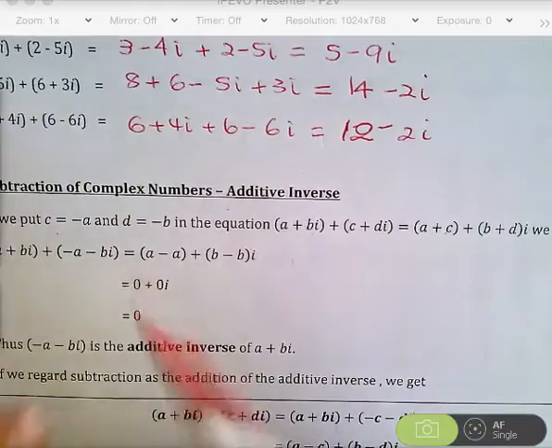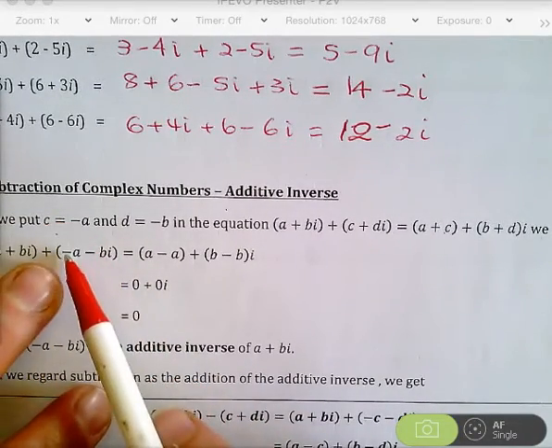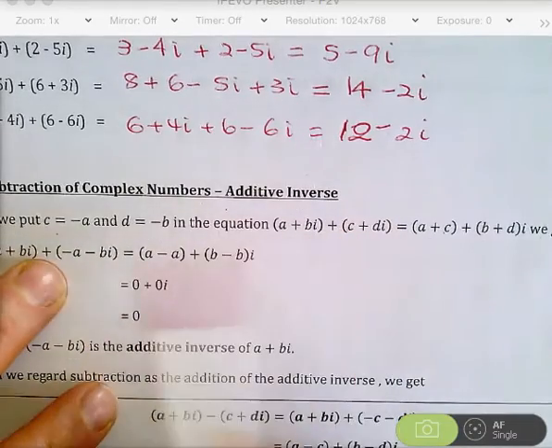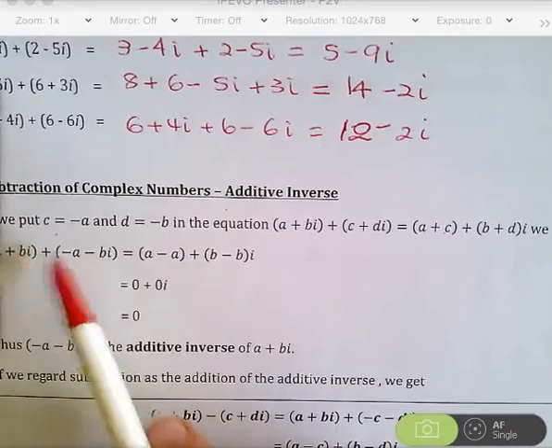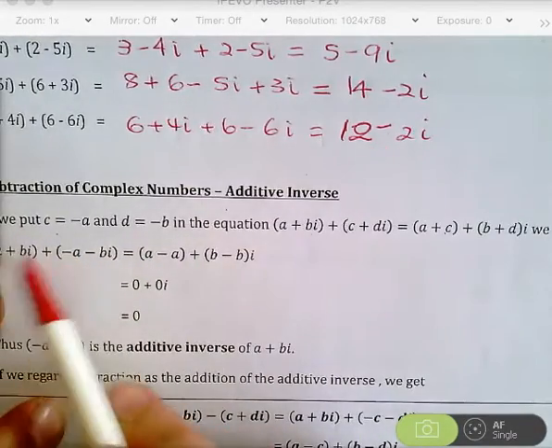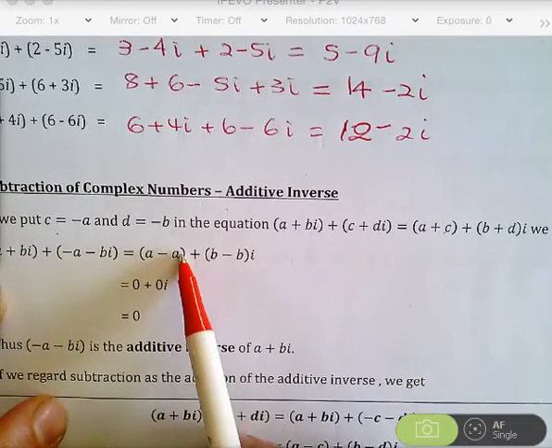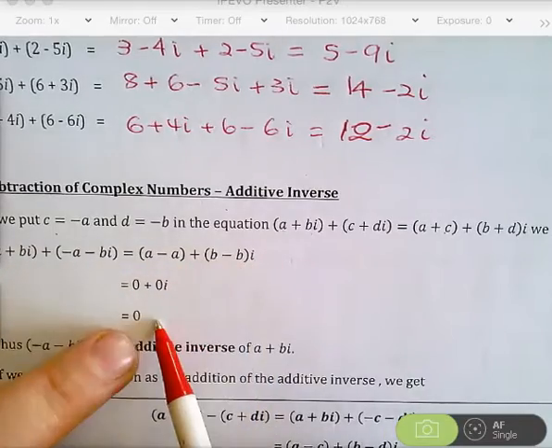Then what it becomes is a plus bi, I've changed the c to negative a, this becomes minus a minus bi. I wouldn't worry about it too much, but what's a plus minus a? Isn't that just a minus a? And this is b minus b. Basically, you get 0.